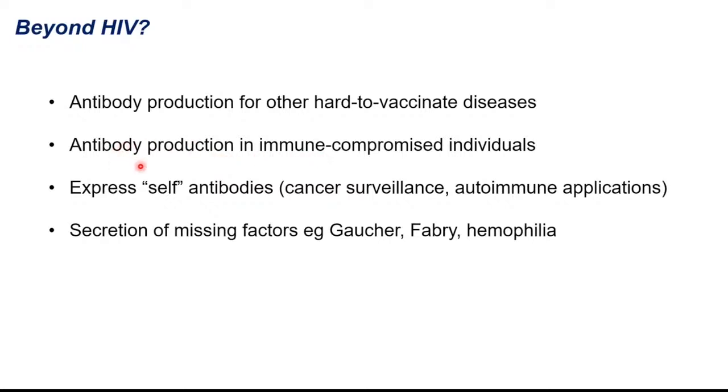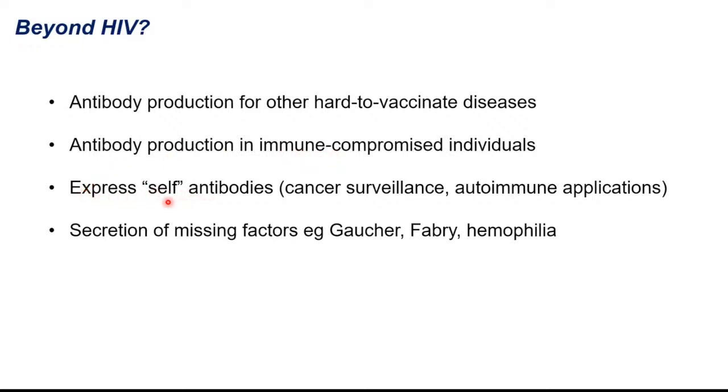And a great example there that comes to mind is for COVID. We all know that a significant portion of the population, even when they get vaccinated, don't make antibodies at sufficient levels against COVID. So we can think about putting anti-spike antibodies in B cells of these individuals.